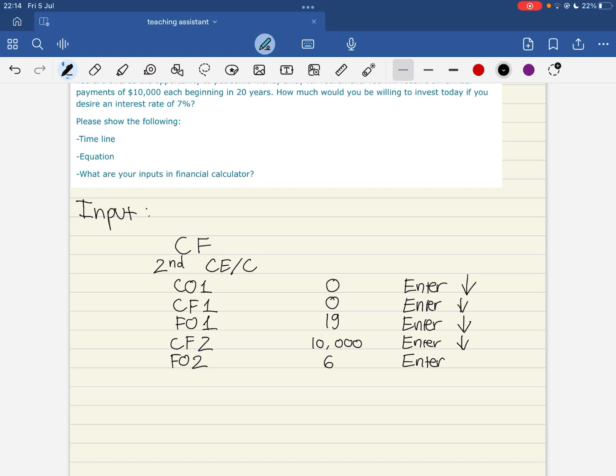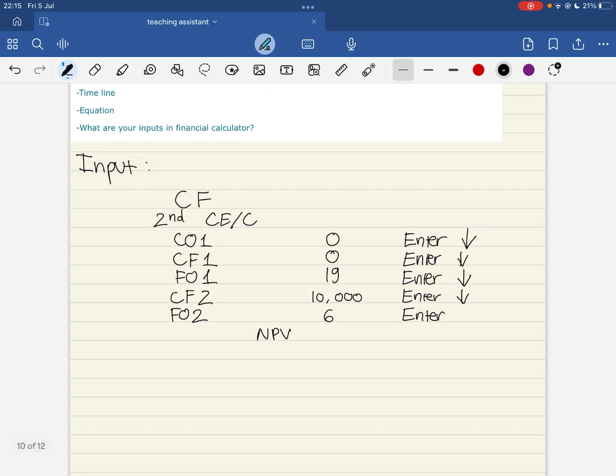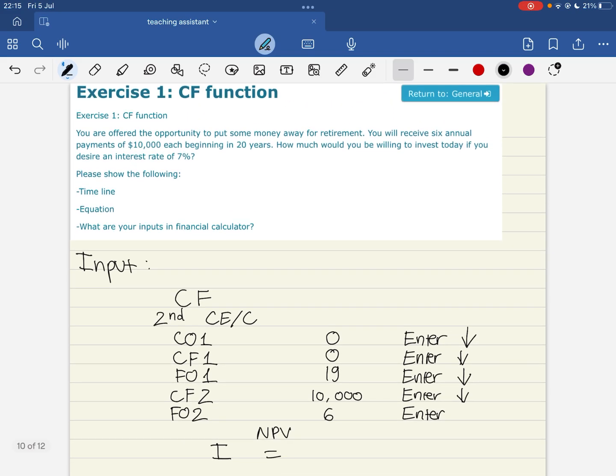Now, we need to calculate the present value. How do we calculate the present value? We use the NPV function. So we press the NPV button. After we press this button, the calculator will ask us to type in the interest rate. Take a look at the exercise. They mentioned that the interest rate is 7%.